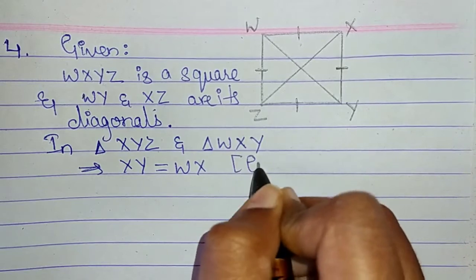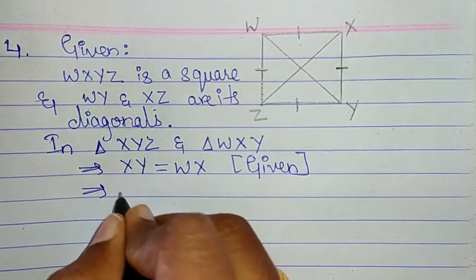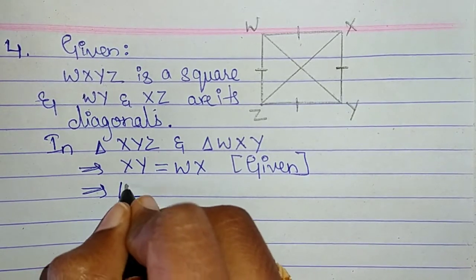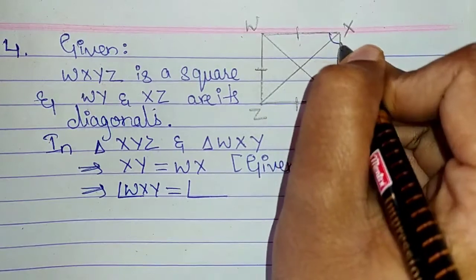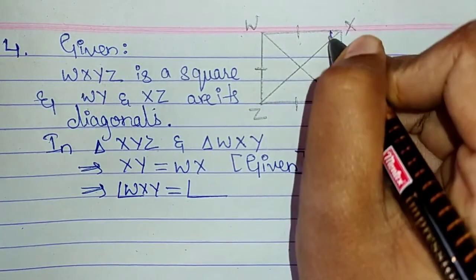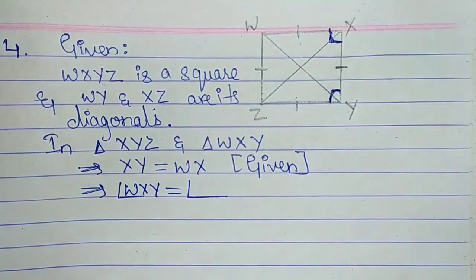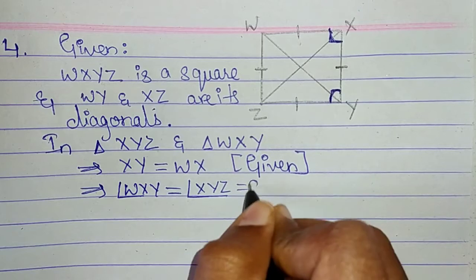It is given, it is a square. All the sides are equal to one another. Also, angle WXY is equal to angle XYZ. All the angles in a square are equal to 90 degrees. So angle WXY is equal to angle XYZ is equal to 90 degrees.